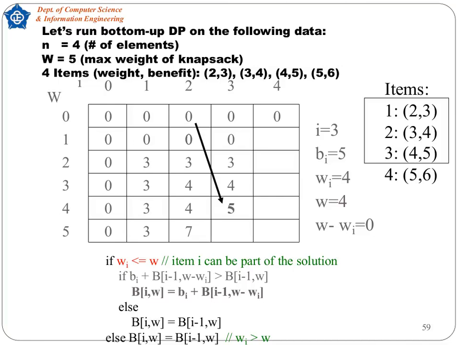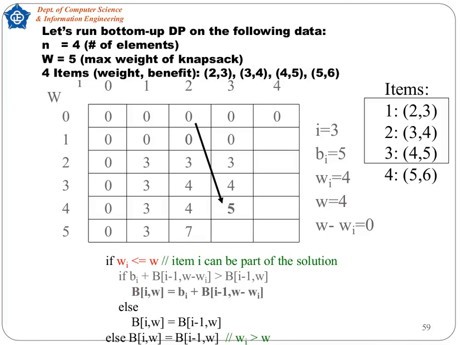Excluding item 3 leaves us with B[2][4] equals 4. Including it gives 5 plus B[2][0] equals 5. Since 5 is greater than 4, we set B[3][4] equals 5, as highlighted by the arrow.